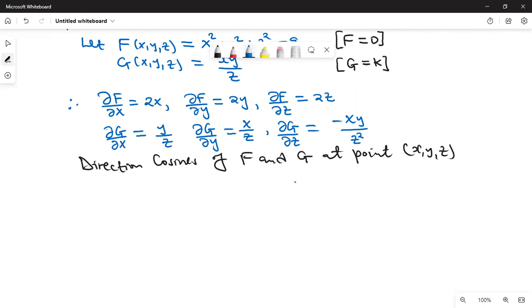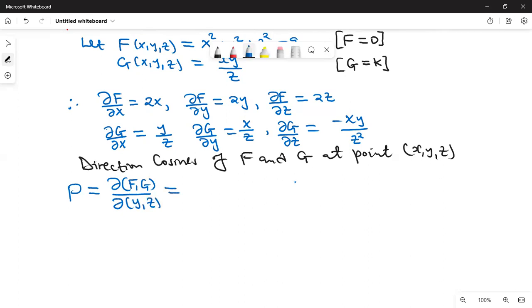So how do we find them? The first one is P capital, which is defined as the Jacobian of f, g with respect to y, z.